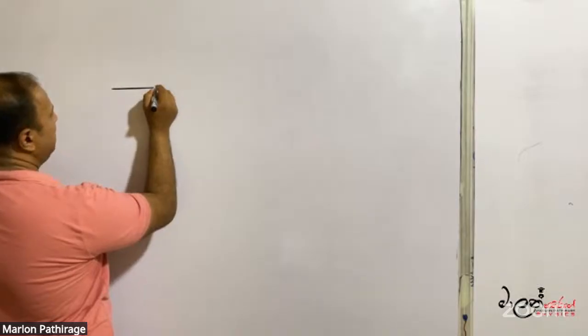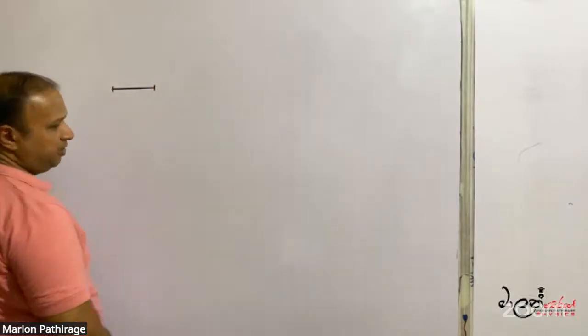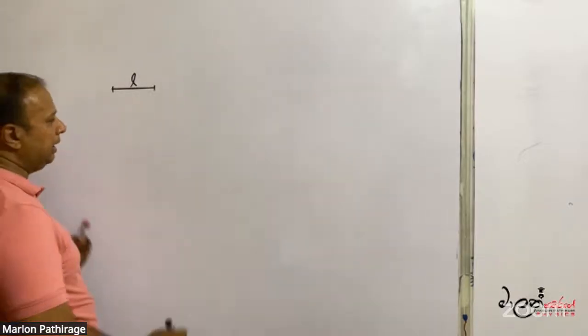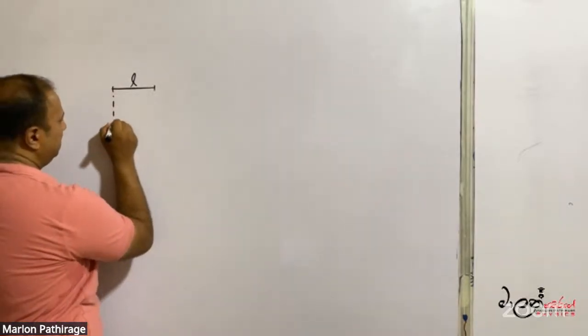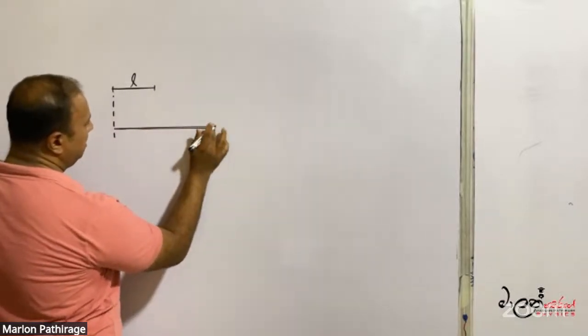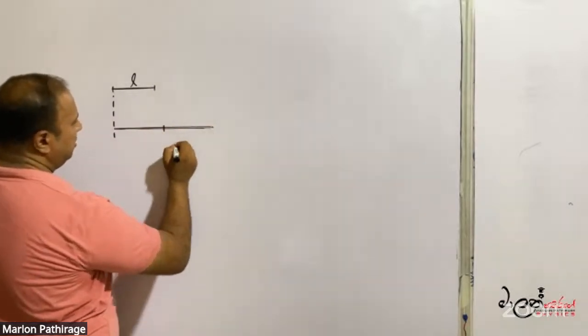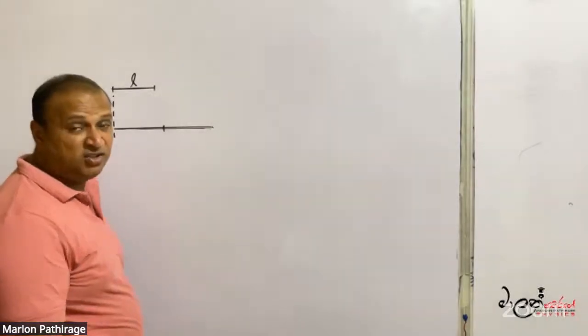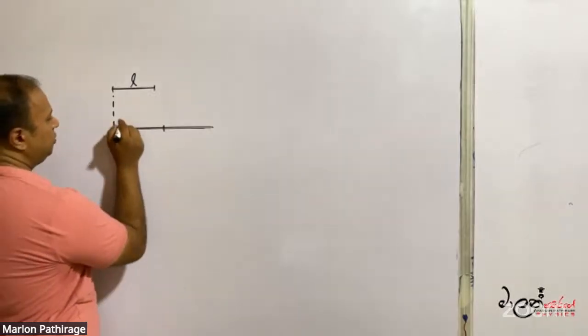Now, this is the unstretched string. Its length is L. Then, during the first rotation, this string is stretched up to 2L.